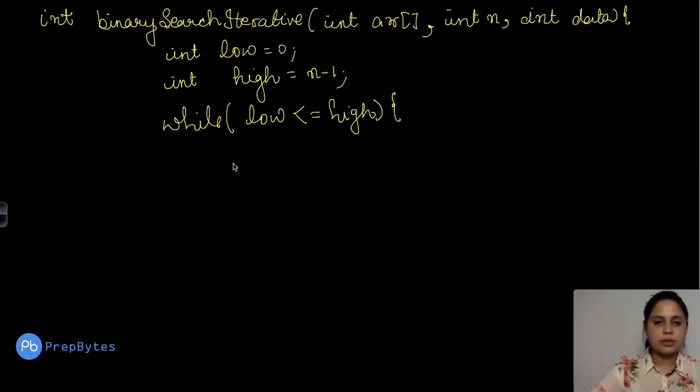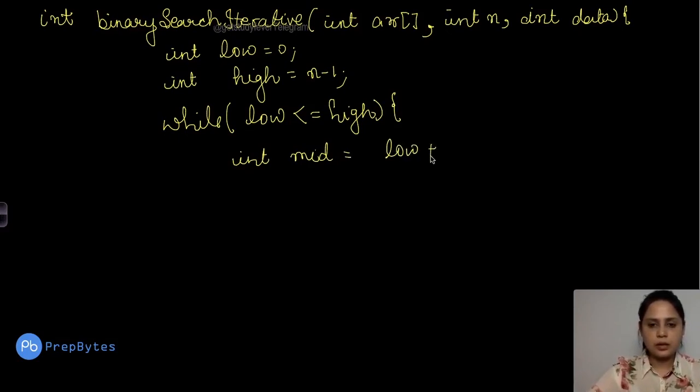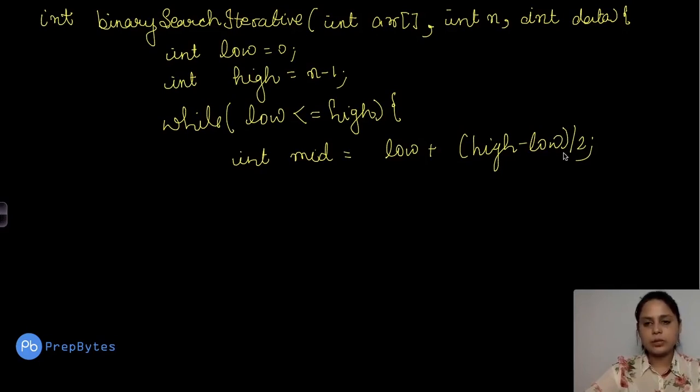Now here we will calculate our mid. So we will have mid equal to low plus (high minus low) by 2. In case you are wondering why we have done this, this is equivalent to (low plus high) by 2 only. But in case of low plus high, we add both of them.